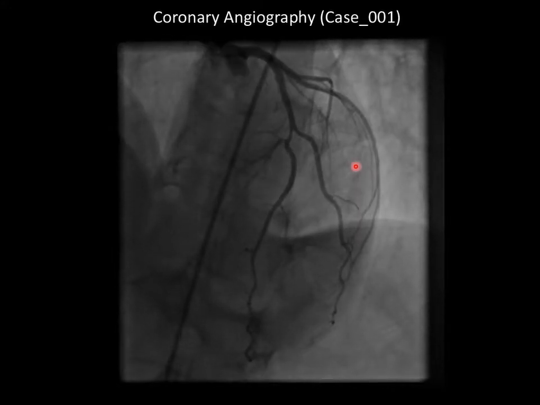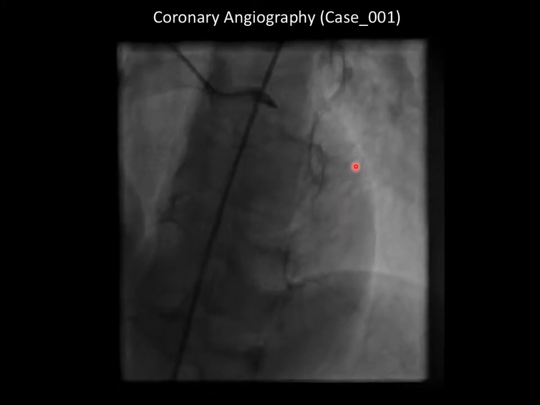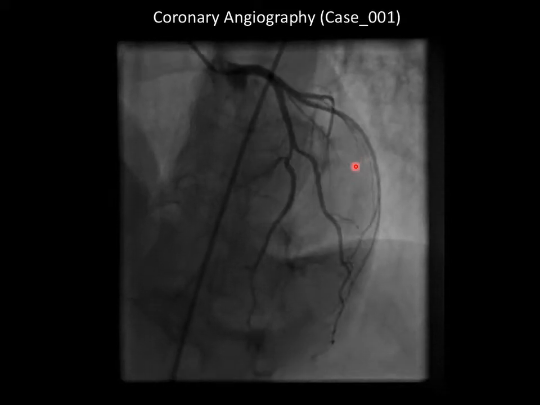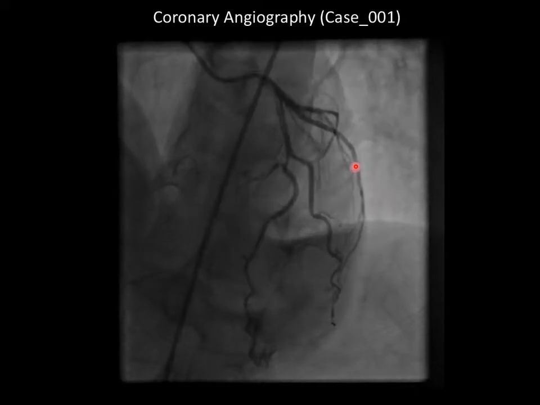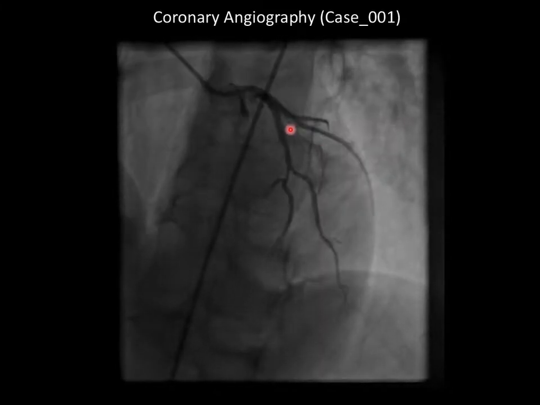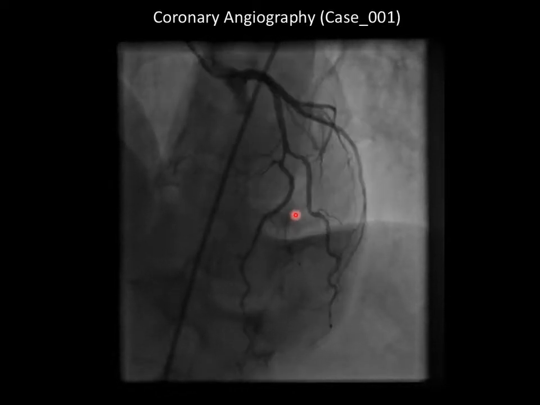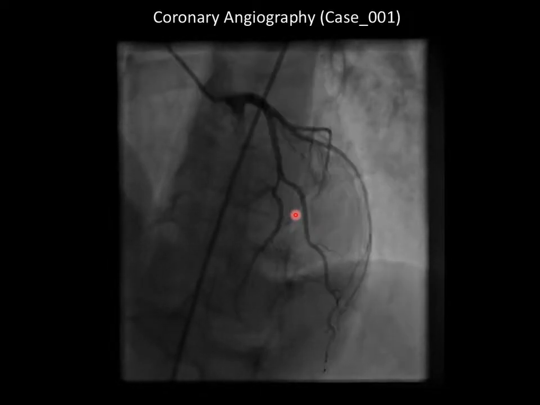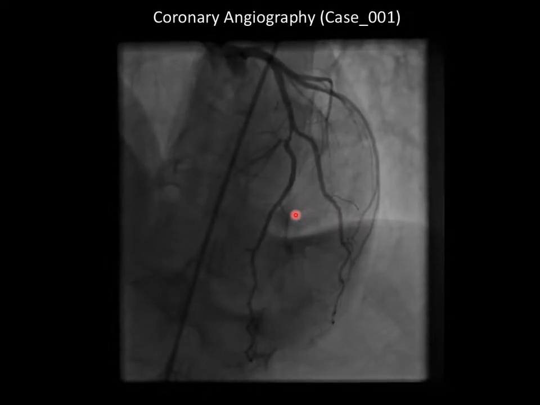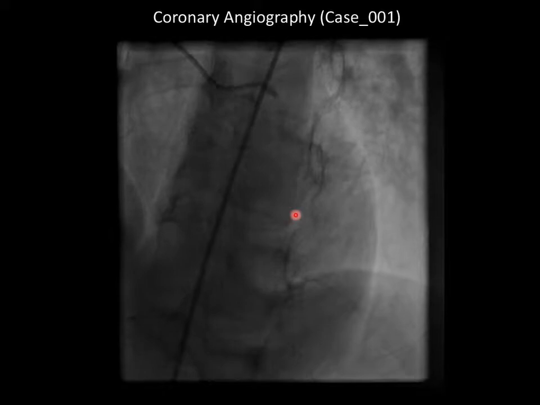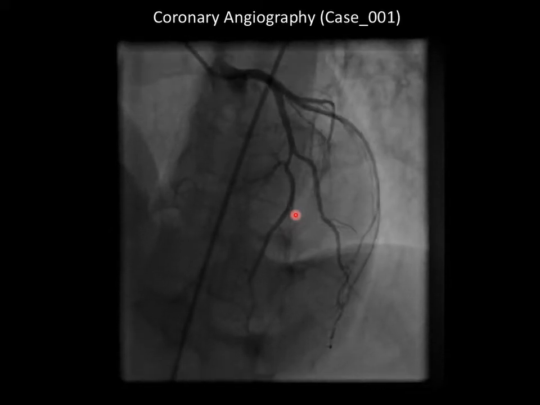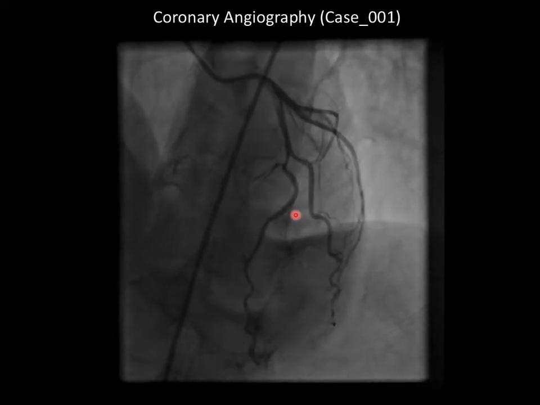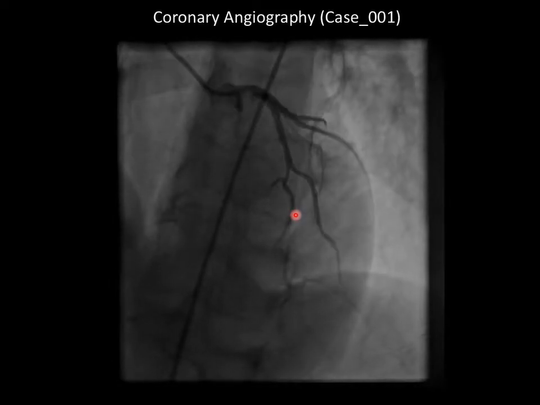So the question is, do you go in and fix that? Fixing it means I put a stent in there and open it up such that it has the same caliber as the vessel proximal and distal, or do you just leave it alone? That's the eternal question, right? You can just leave it alone and put the person on optimal drug therapy, and they probably will live just as long as if you go in and fix it with a stent in this case.